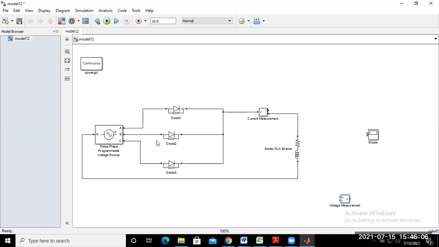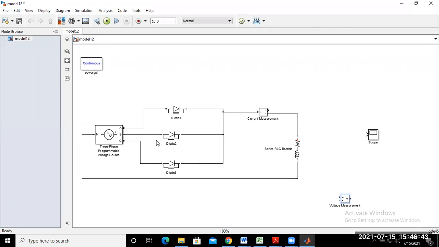So if you draw the phase A, phase B, phase C sinusoidal waveform variation, that means phase A starts from 0 and completes one cycle up to 2 pi. Similarly, phase B is drawn at 120-degree lag of phase A and completes its one cycle. Similarly, phase C is drawn at a lag of 240 degrees of phase A, and completes one cycle.